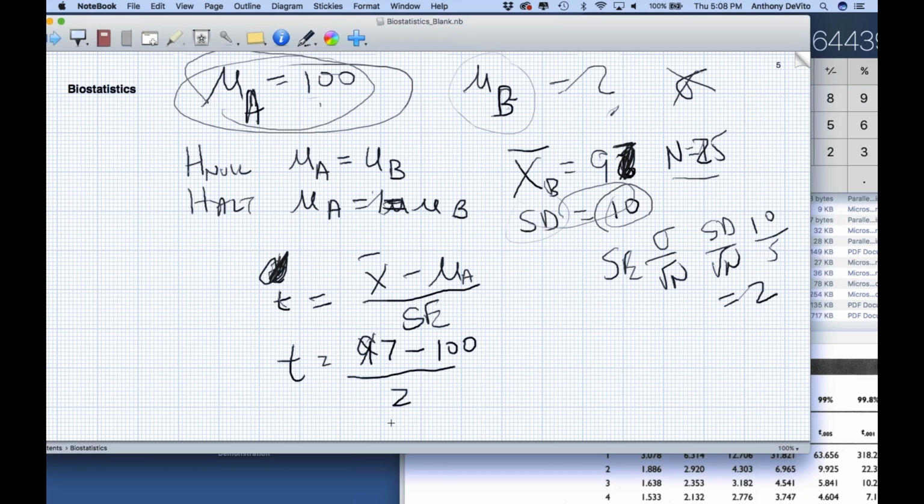Okay, that's the number of t-scores apart that they are. That's going to be equal to minus 3 over 2, which is minus 1.5. These two values, the mean for my sample and the mean for my population, are 1.5 standard errors apart, t-scores apart.